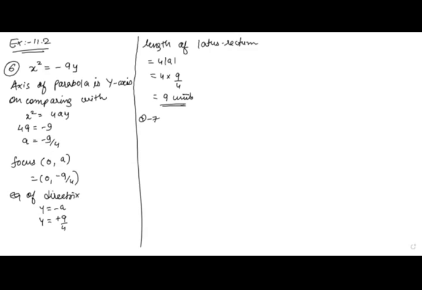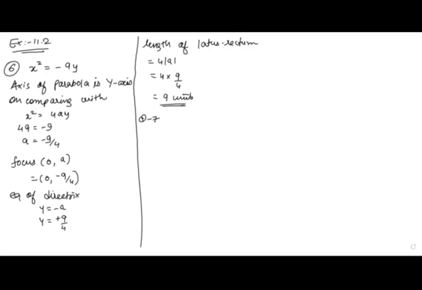So in the 7th question, we are asked to find the equation of the parabola. In the 6th, the equation of the parabola was given and we were asked to find focus, directrix and all. Here, focus is given, directrix is given and we are asked to find the equation of the parabola.